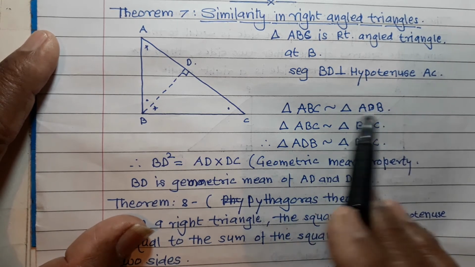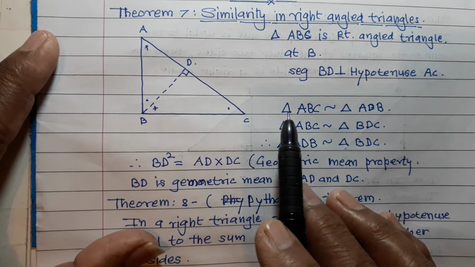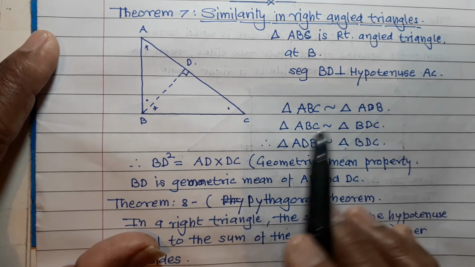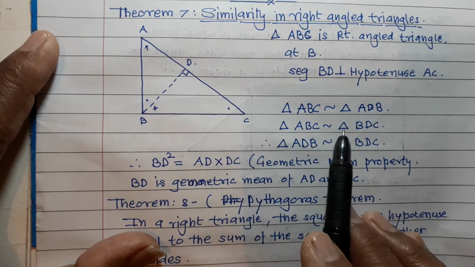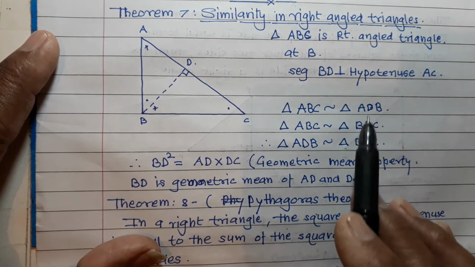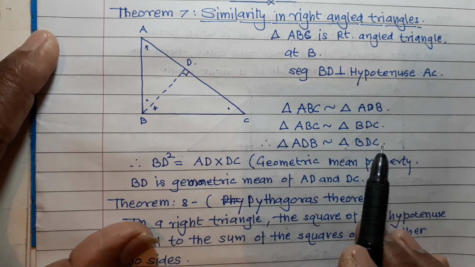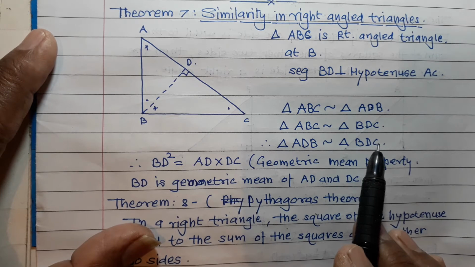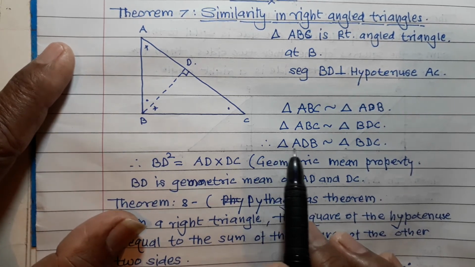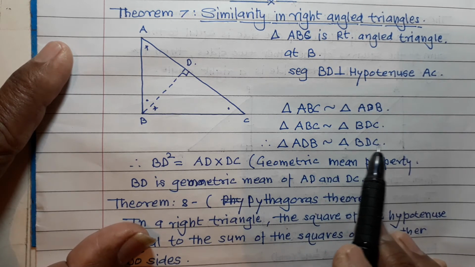So in this case, the sequence is very important. Now triangle ABC is similar to triangle ADB and triangle ABC is similar to triangle BDC, and therefore these two triangles are also similar. So this is the transitivity property. Now triangle ADB is similar to triangle BDC.